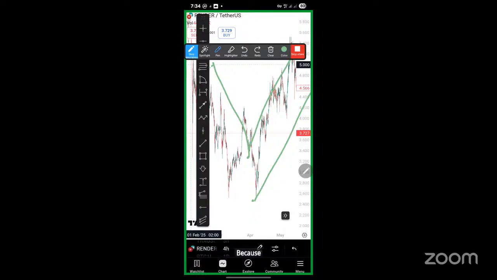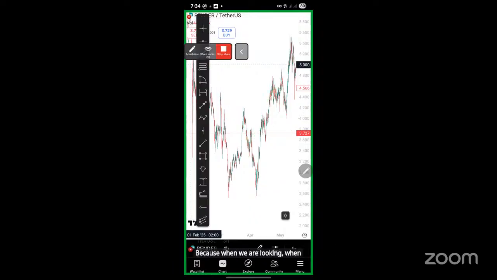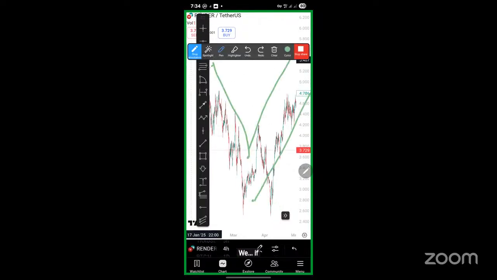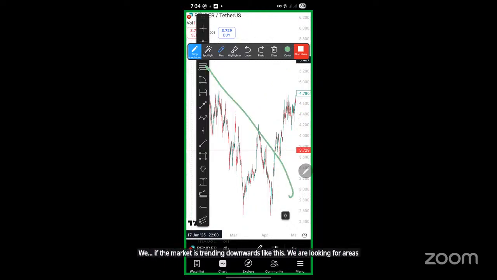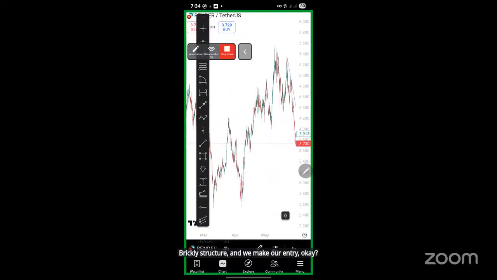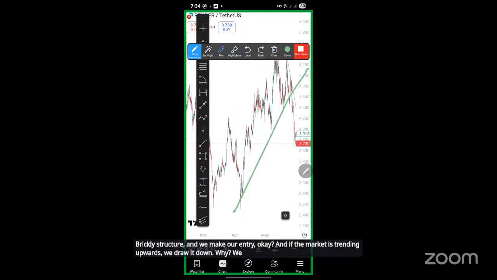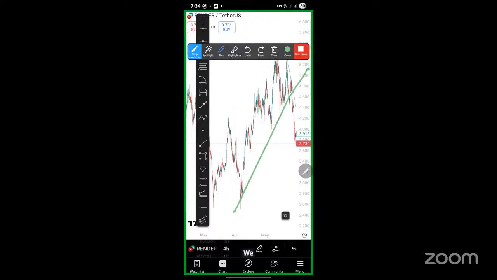Because when the market is trending downwards, we are looking for areas where it will break the structure and we make our entry, okay? And if the market is trending upwards, we draw it down. Why? We want to find where the market will break to the downward side, such that we make our entry.